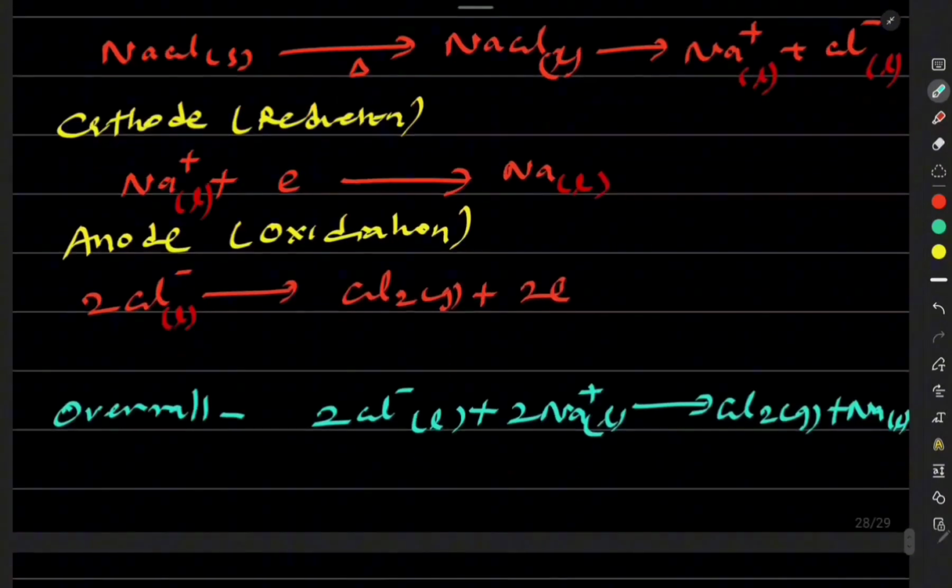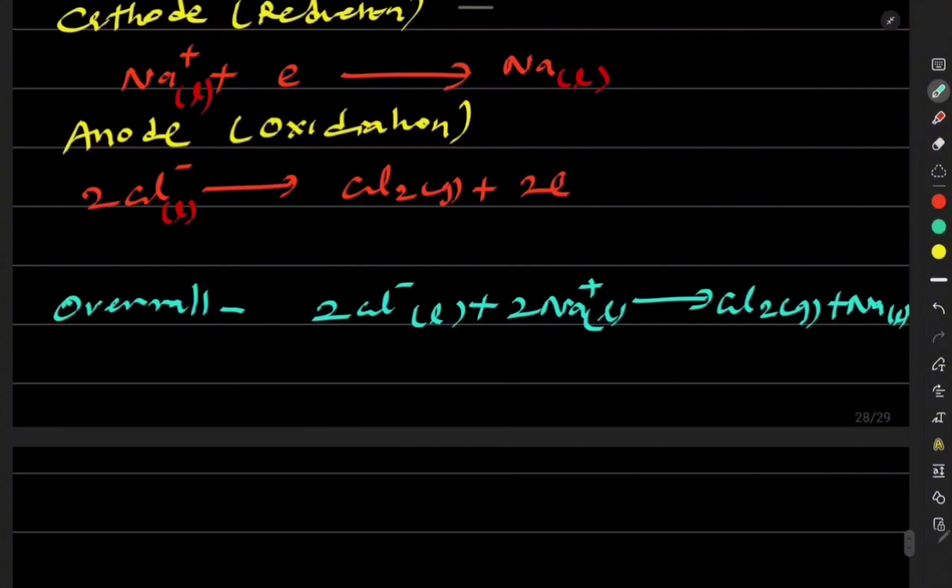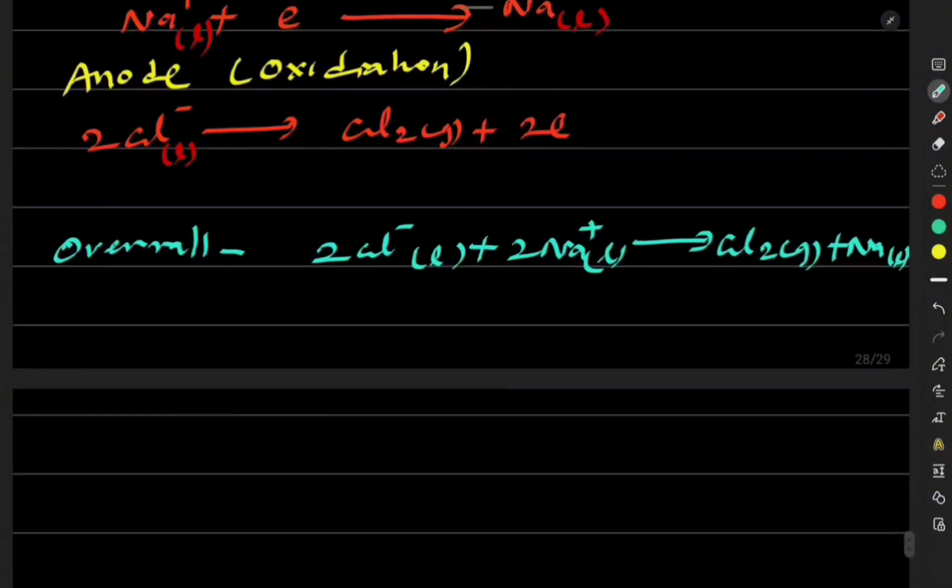Industrially, sodium metal is extracted by electrolyzing molten sodium chloride. An industrial setup is known as Downs cell.